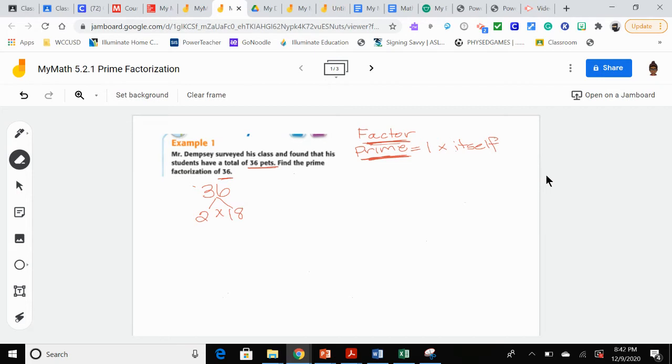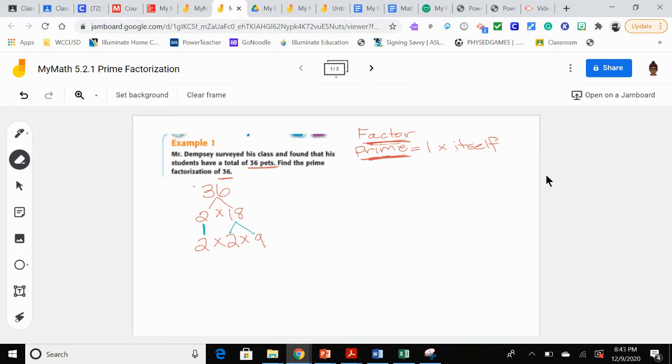So I know that 2 times 18 equals 36. I'm going to keep breaking that down, though, because I know I can break down 18. I can't break down 2. It is a prime number, but I can break down 18. So 2, still bring it down because we don't get rid of that 2. But we're going to decompose 18 into 2 times 9.